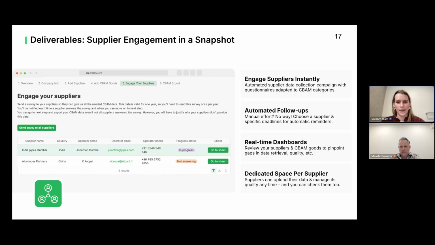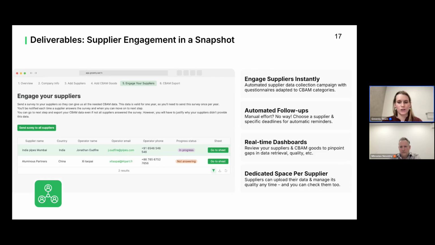They will evaluate the case based on the unsuccessful attempts to retrieve supplier data, the adequacy of these efforts considering your company's economic size, basically how big you are in Europe, the total volume of CBAM goods that you import, and the supplier's internal capacity to measure and report actual emissions. These are the things that your CBAM authority will be looking at to assess if you did it right, and with this platform we make sure that you put in the effort.